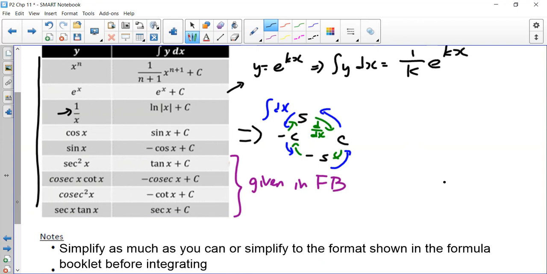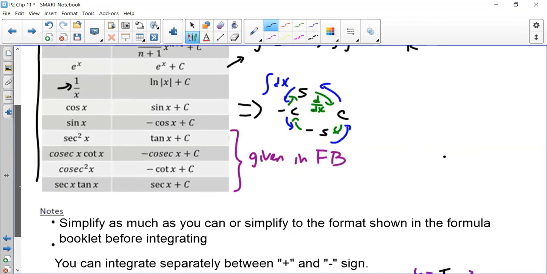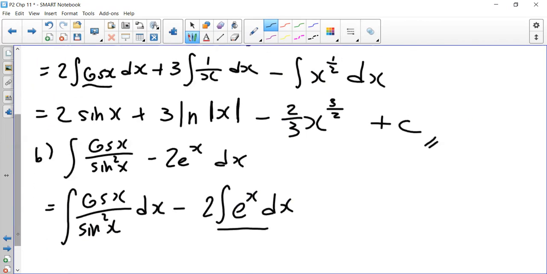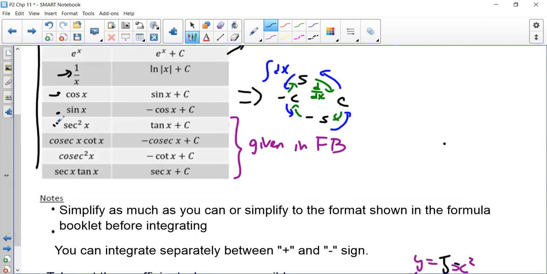Now the answer would be, if you look at this table, it's definitely not these cos, sine, and sec squared. Why? Because this is a composite function. You see a cos over sine squared, so there's more than one trigonometry term in there. Therefore, it's definitely not these 3. Now if you look at the next 3, they are cosec and sec as well.